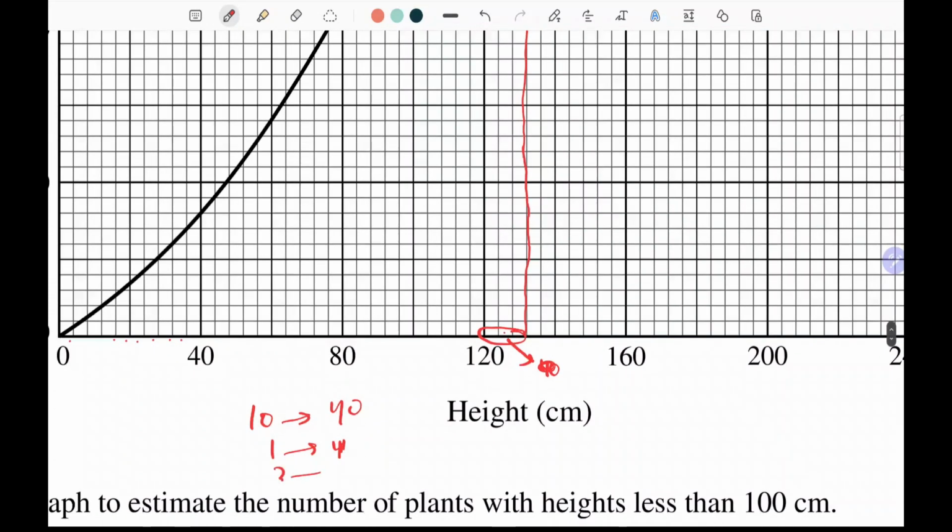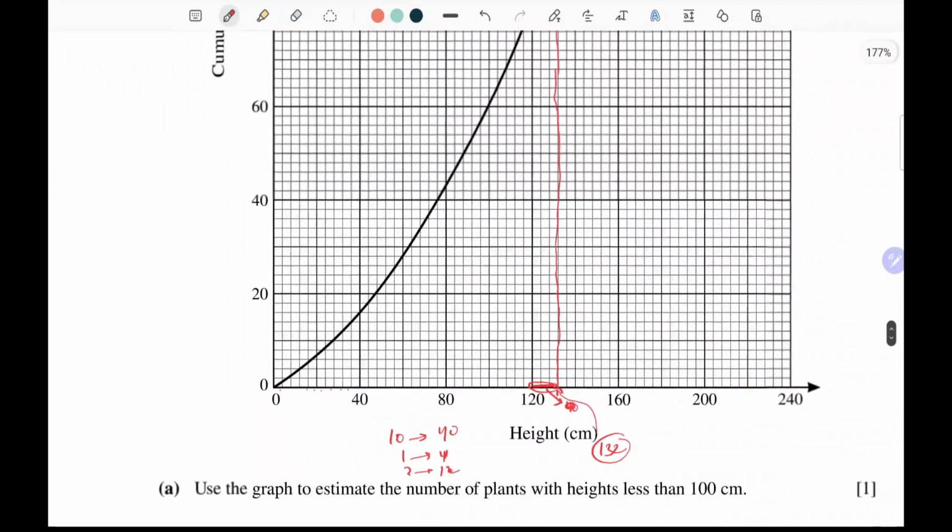Here we have 3 gaps, so the value will be 12. This much gap will be 12, and this is 120. So this point should be, according to me, 120 plus 12, 132 here, right? Here I should get 132.